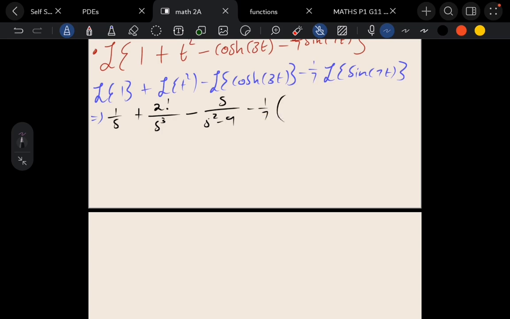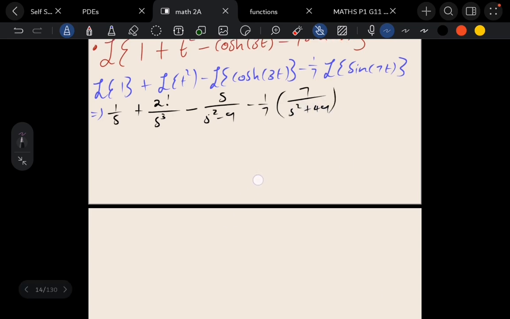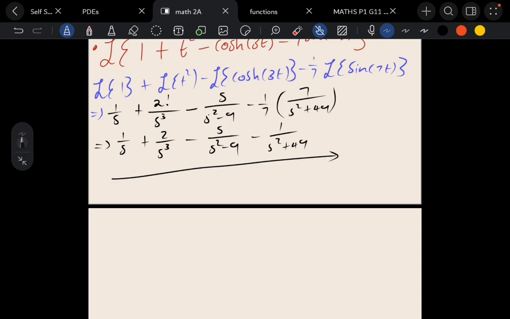What is the Laplace transform of sine 7t? It is going to be 7 over s squared plus 49. You can simplify this further to be 1 over s plus 2 over s cubed minus s over s squared plus 9 minus 1 over s squared plus 49. You are advised not to find the common base in the Laplace transform. Just leave it as it is.